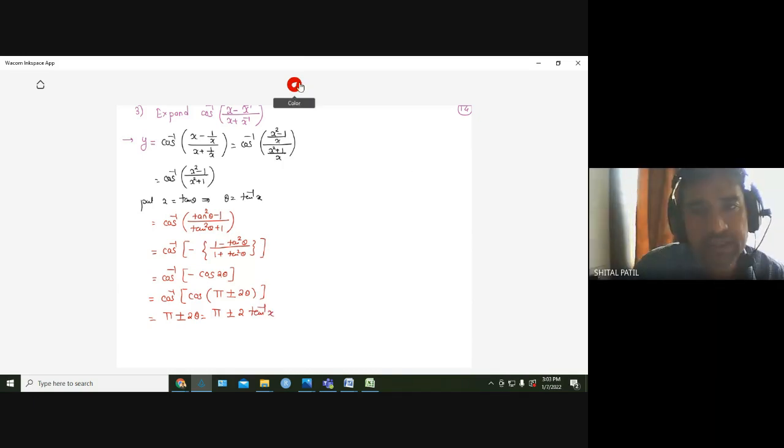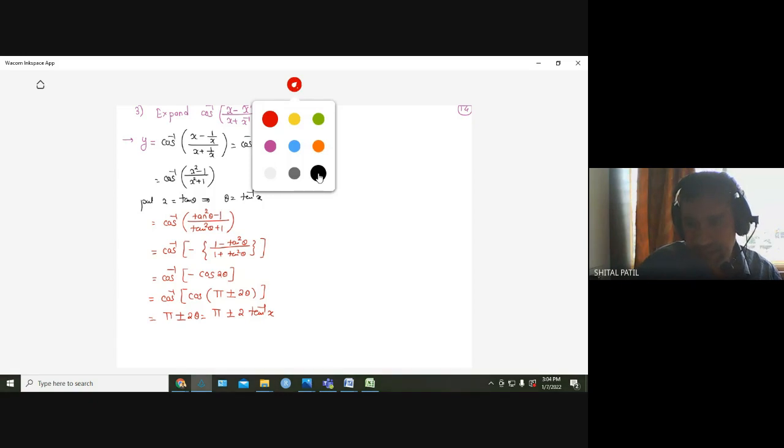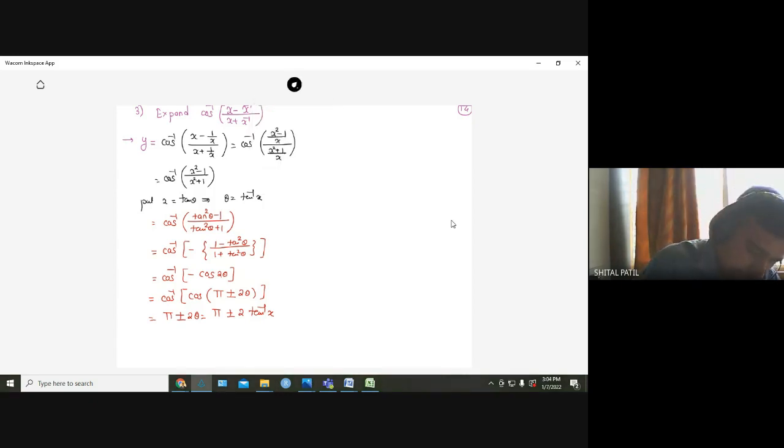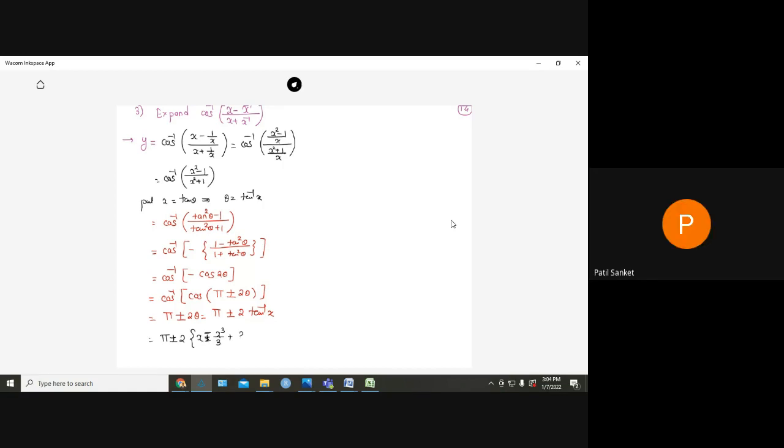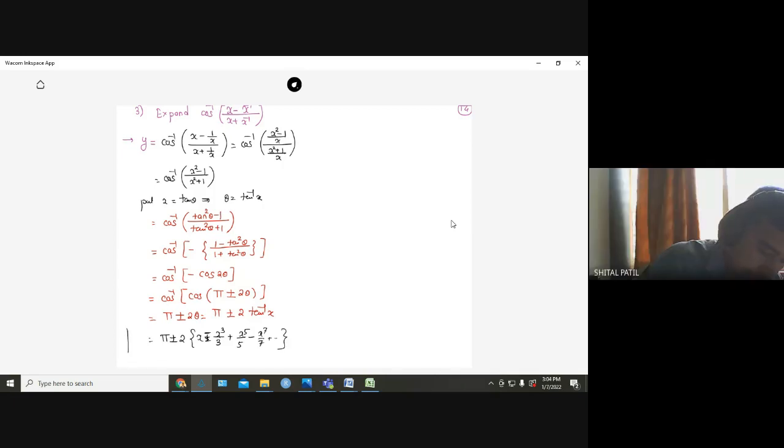And then the final answer: x plus x cube by 3 minus and so on. This is the answer.